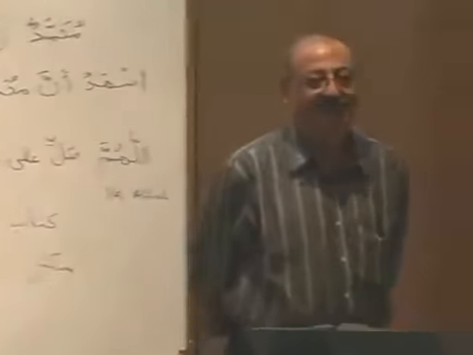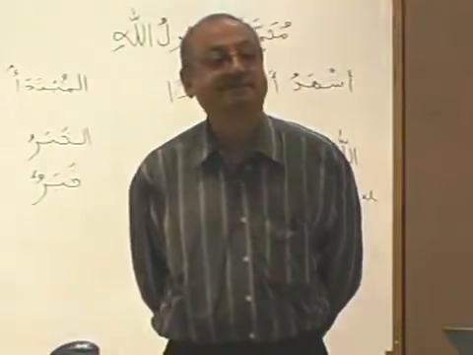Khabar means news. But as I said, brother, in English, we have subject and predicate. But in Arabic, we have mubtada and khabar. Are you with me, brother? Subject means mubtada, predicate means khabar. Every sentence, if it is a jumla ismiya, are you with me?